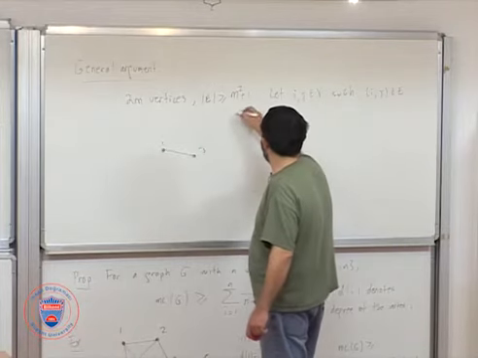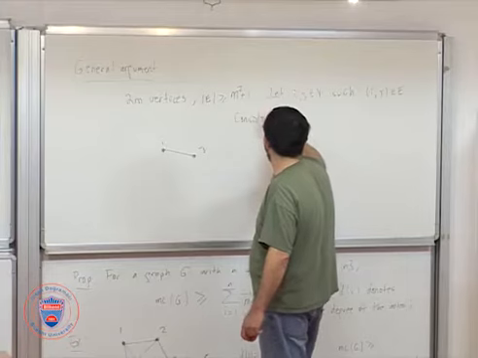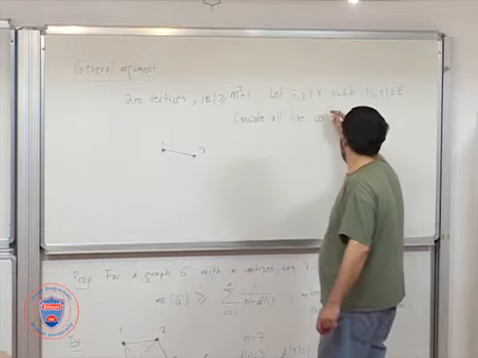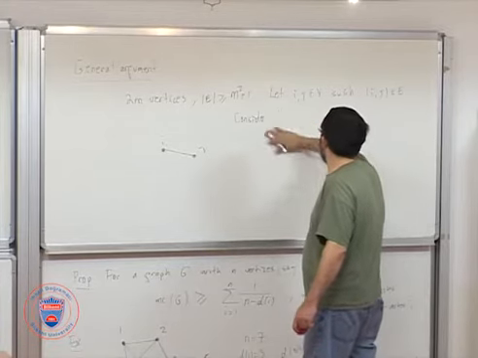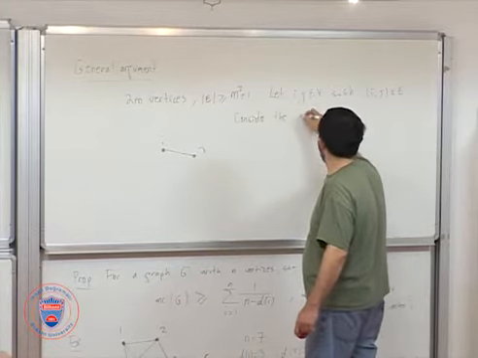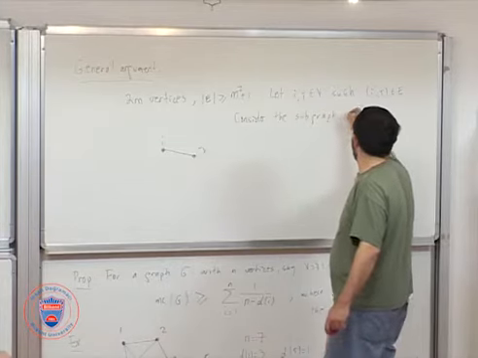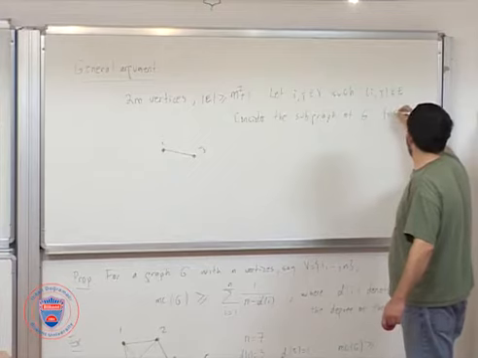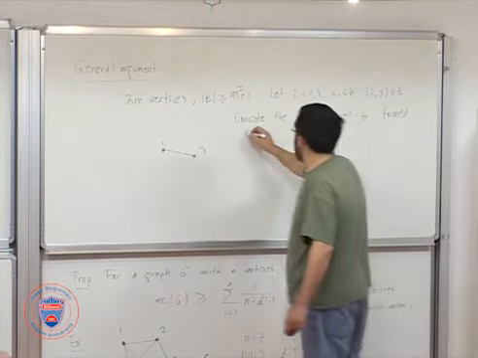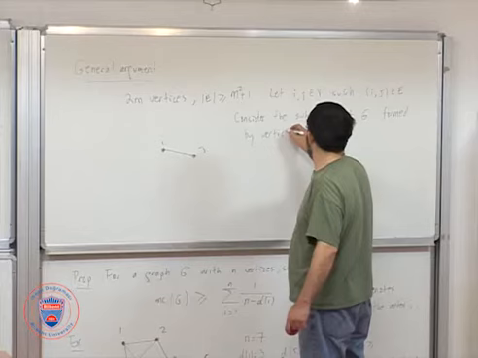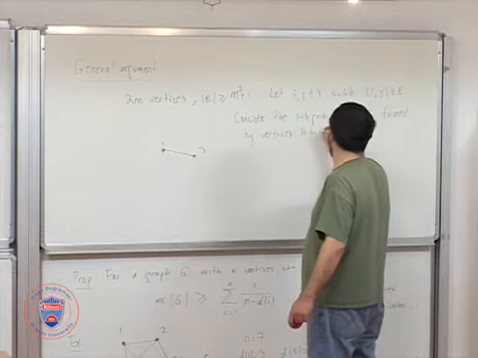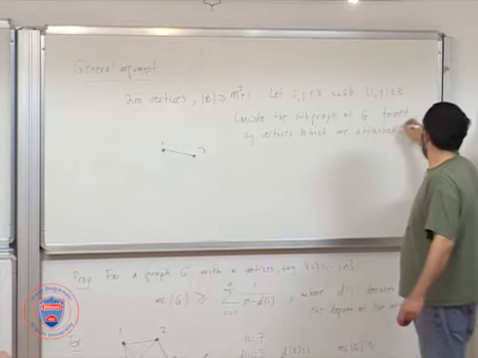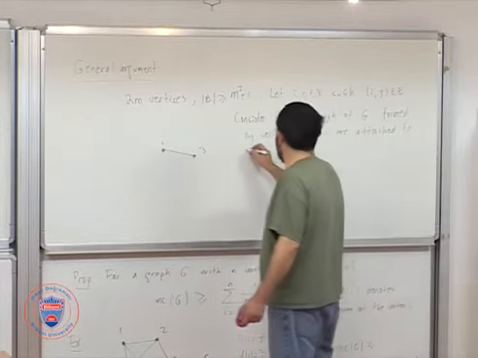Now consider the subgraph of G formed by vertices which are attached to either i or j.